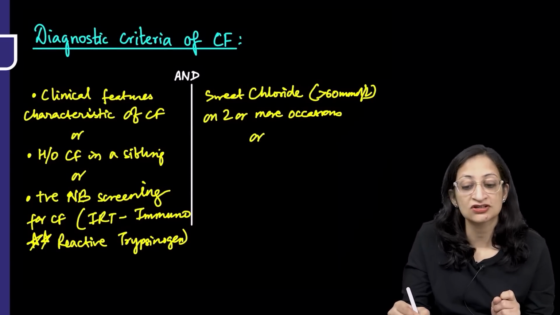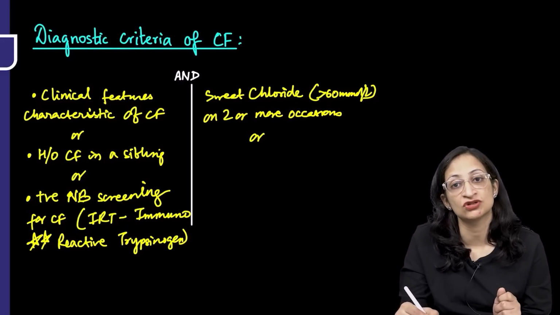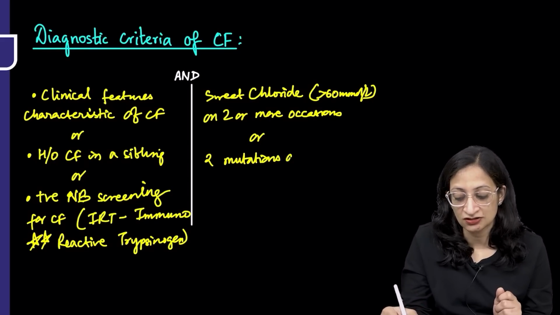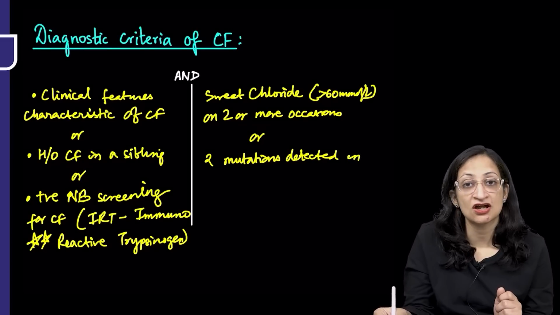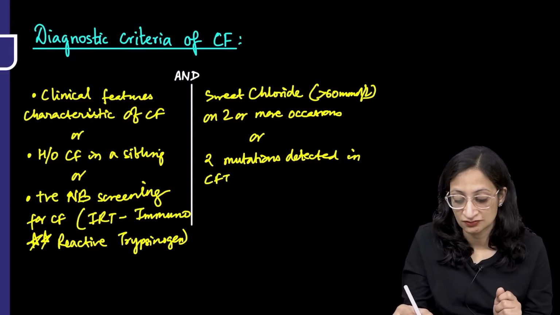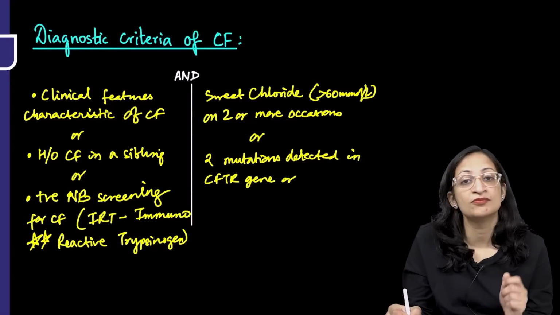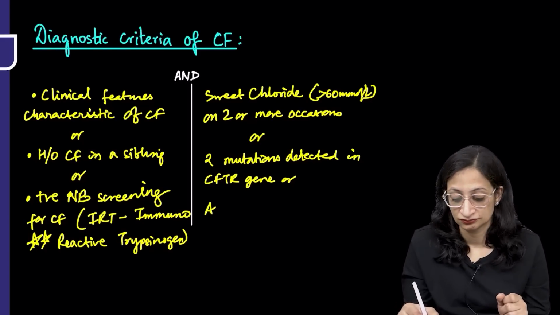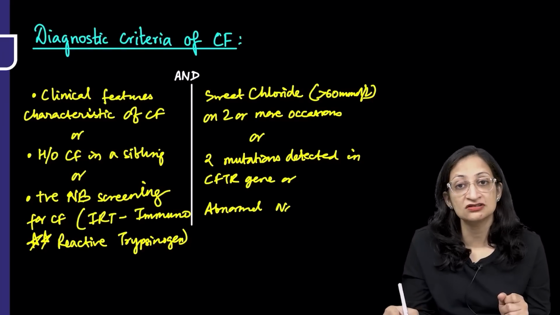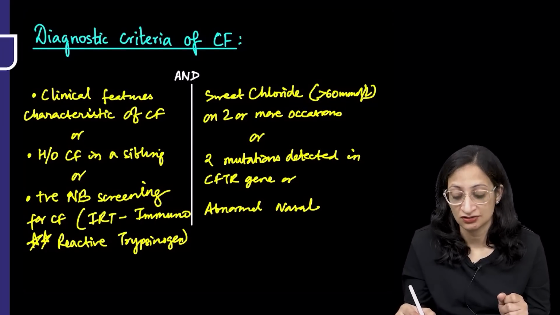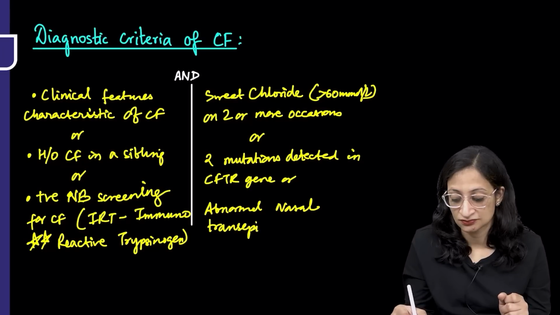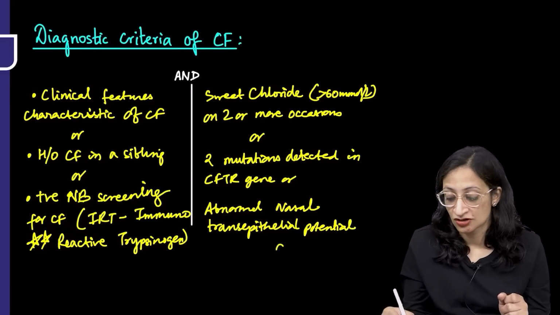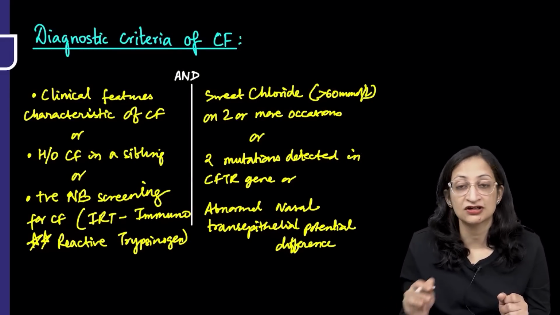Or detection of 2 cystic fibrosis causative mutations in the CFTR gene. Or abnormal nasal transepithelial potential difference. So any one of the criteria on the left side and one of the criteria on the right side.